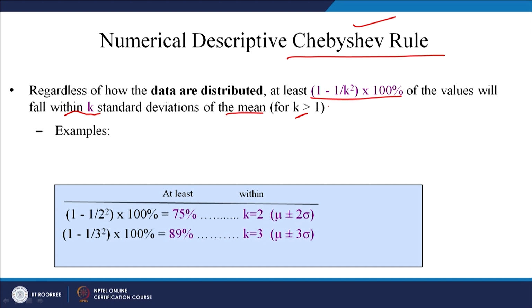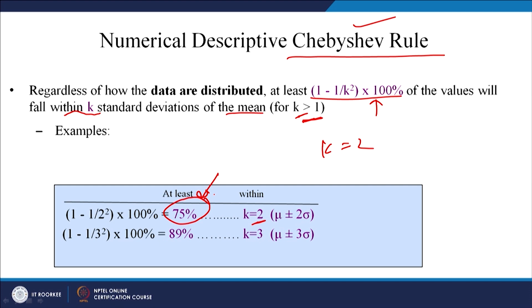So, let us look at how many data points lie within 2 standard deviations. So, this is 1 minus 1 upon k squared, k is equal to 2. So, we will say that within 2 sigma limits 75% of data points lie.